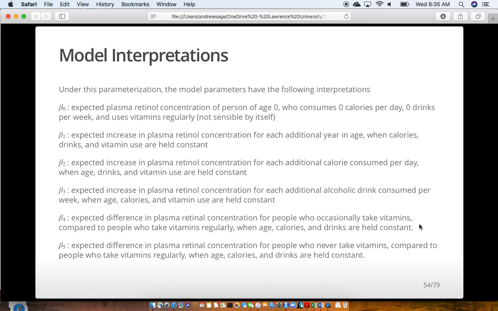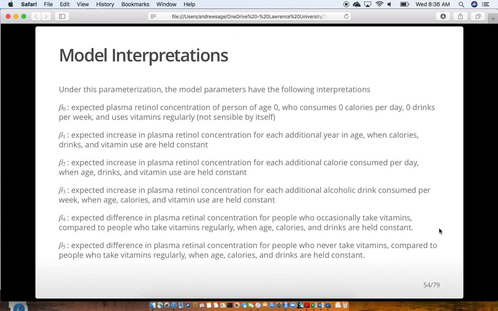We would now interpret beta 4 as the expected difference in retinol plasma concentration for people who occasionally take vitamins compared to people who take vitamins regularly when the other numeric variables, age, calories, and drinks, are held constant. Similarly, for beta 5, we would interpret that as the expected difference in plasma retinol concentration for people who never take vitamins compared to people who take vitamins regularly when the other variables are held constant.